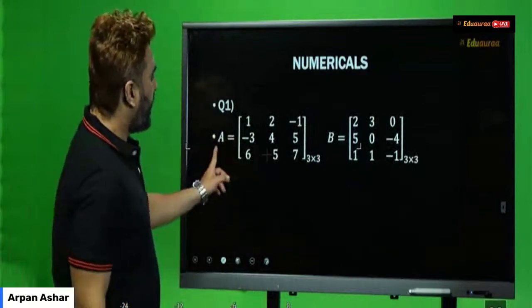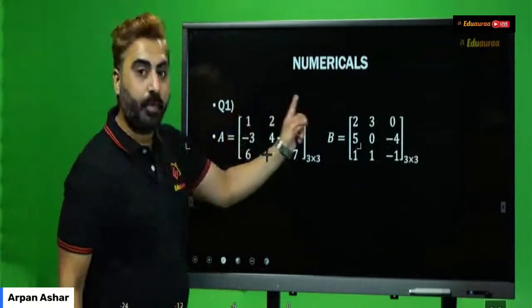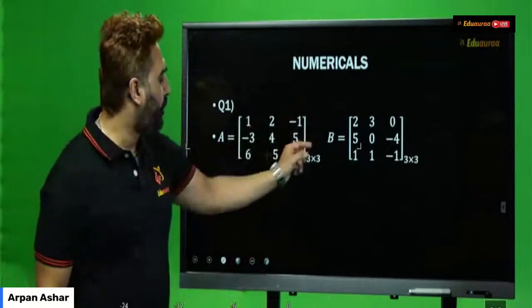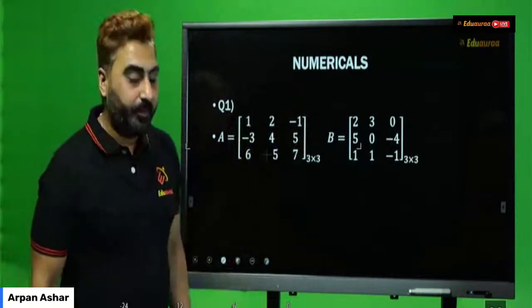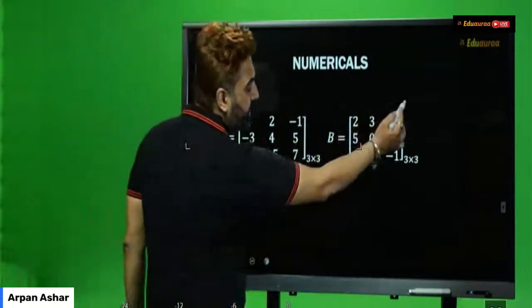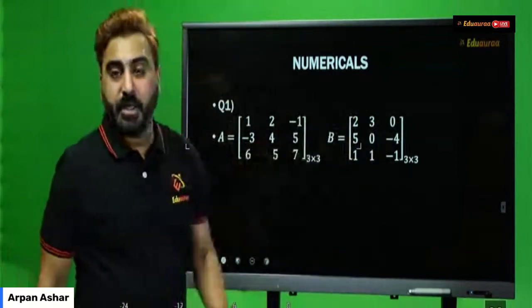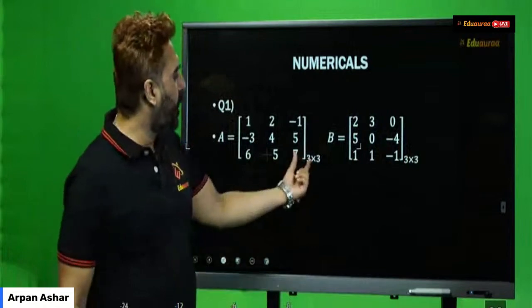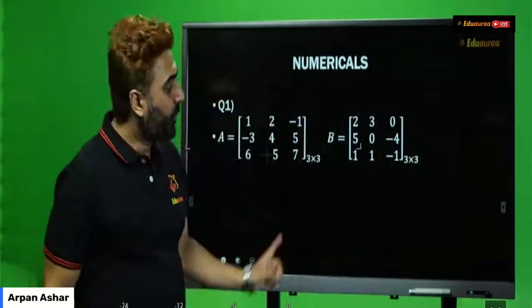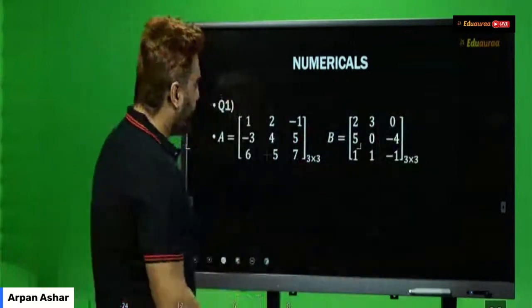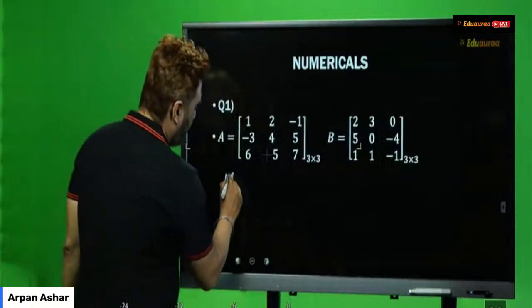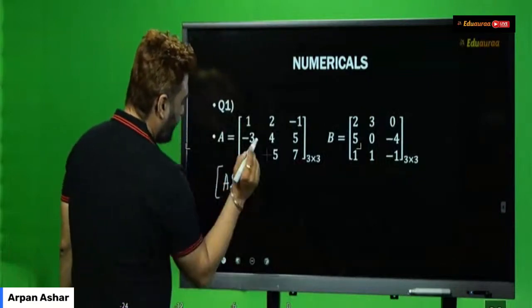let's say we have matrix A 1 2 minus 1 minus 3 4 5 6 minus 5 7, and B is 2 3 0 5 0 minus 4 1 1 and minus 1. Now students, the order of this matrix 3/3, order of this matrix 3/3. तो क्या AB possible है? Yes, AB is possible.